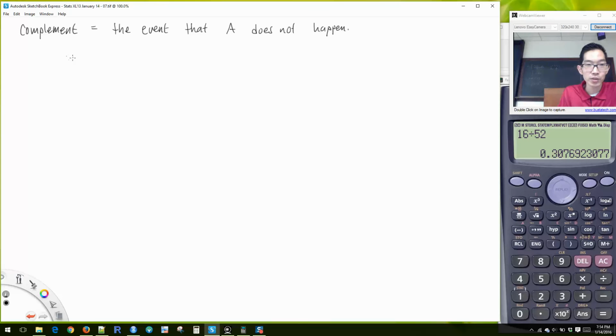We can write this as not A, or A complement, or sometimes A prime. And the probability of not A is equal to 1 minus the probability of A. Okay?